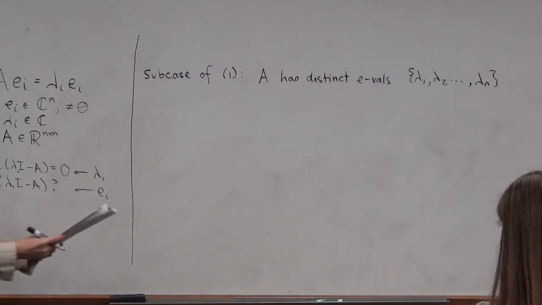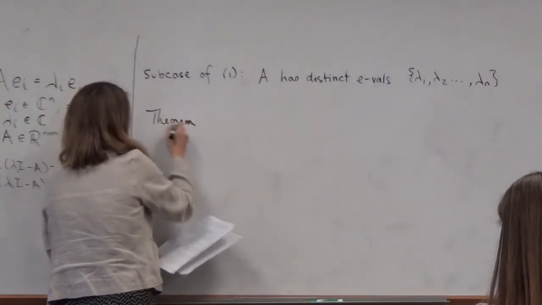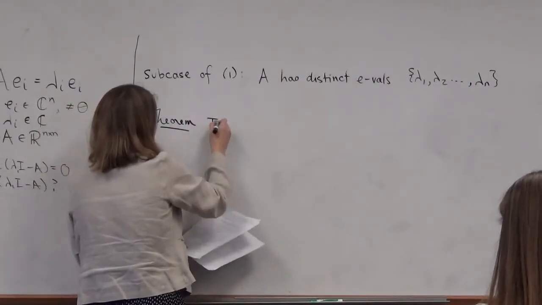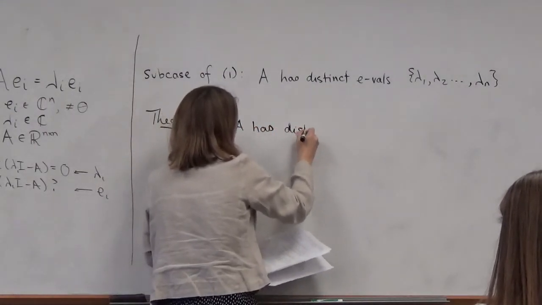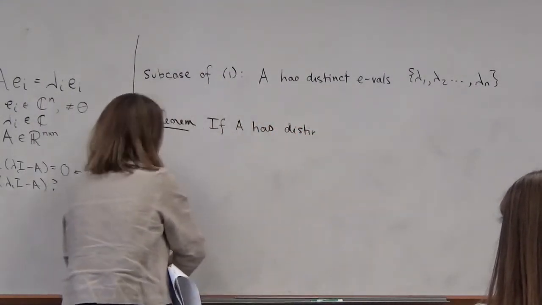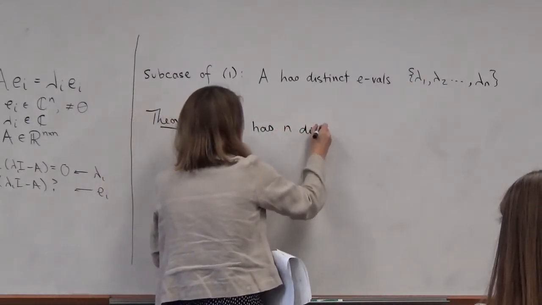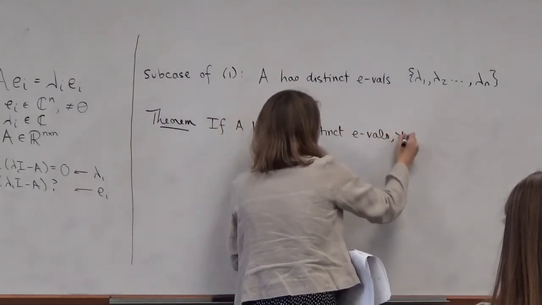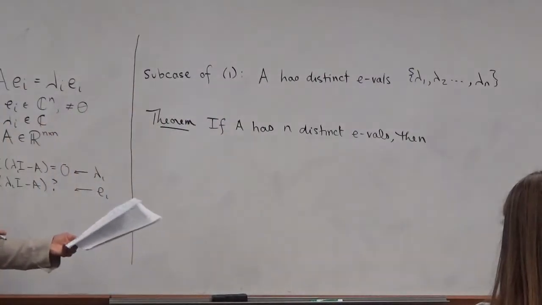That's actually the theorem that we have here. The theorem is that if A has n distinct eigenvalues, then it has n linearly independent eigenvectors.